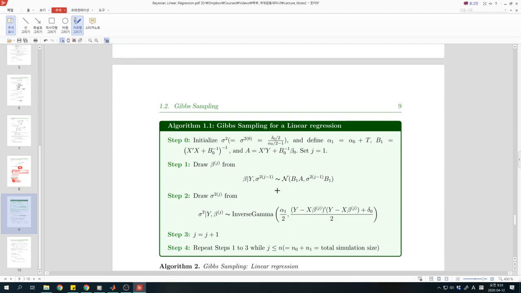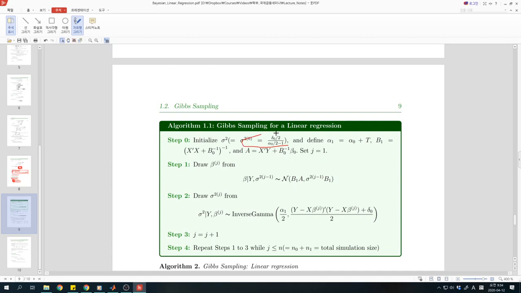And then in the second iteration, we can draw beta again. Where is sigma square? Now this sigma square is from the sample of sigma square saved from the first iteration, not this initial value.